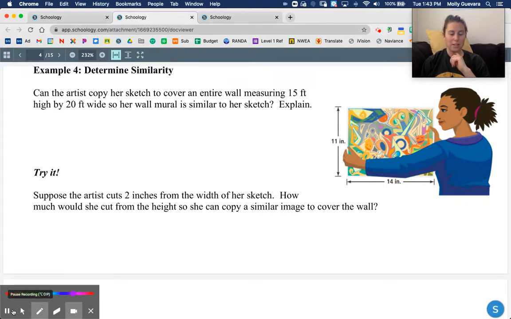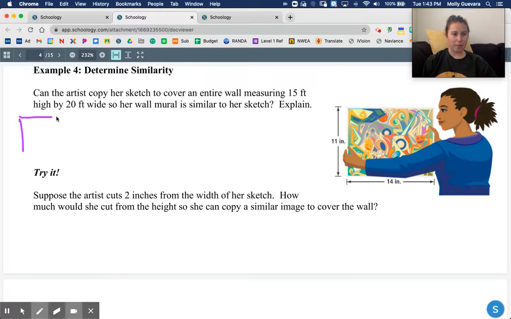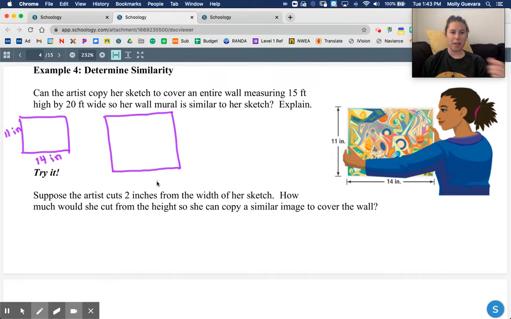Okay, so let's look at this. So currently I have this mural that is 14 inches by 11 inches, right? And I want to see if it will fit on a wall that is 15 feet and 20 feet.